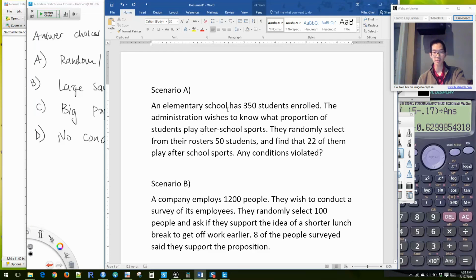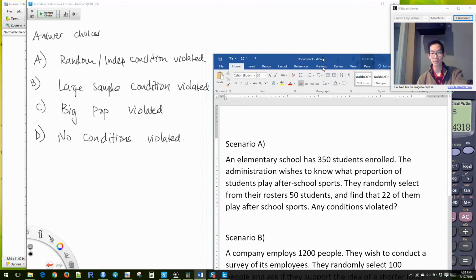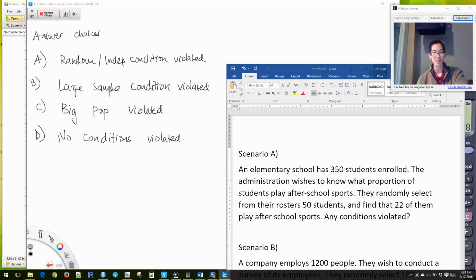All right, we'll do scenario A first. We'll run this. So clickety clickety click. This is the elementary school.